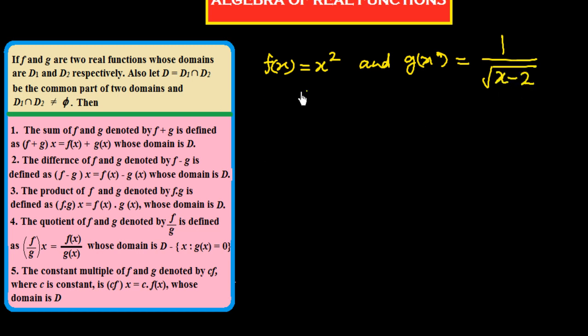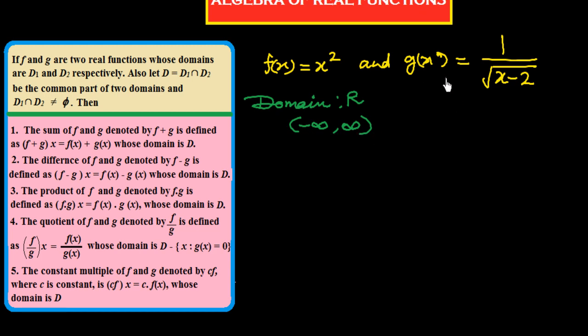We have studied in our previous session that the domain of a quadratic function is R. It means the domain is minus infinity to plus infinity. We write it in interval form, so it would be minus infinity to infinity.